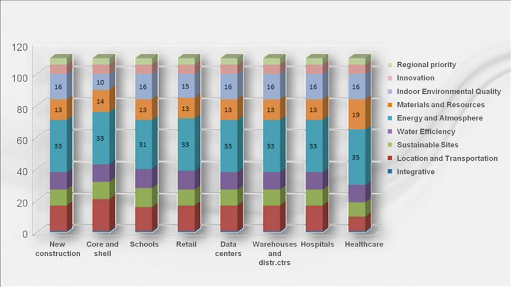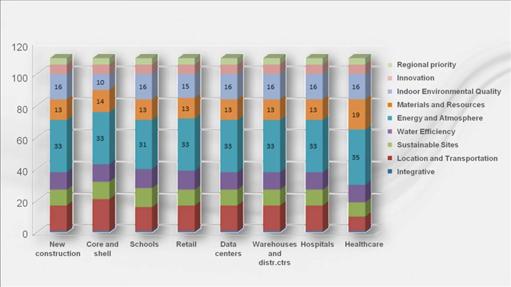The total points are 110, which includes the bonus points. Each bar represents a market sector in the LEED V4 Building Design and Construction rating system. For those markets not specifically called out, the New Construction, or NC, rating system is used.